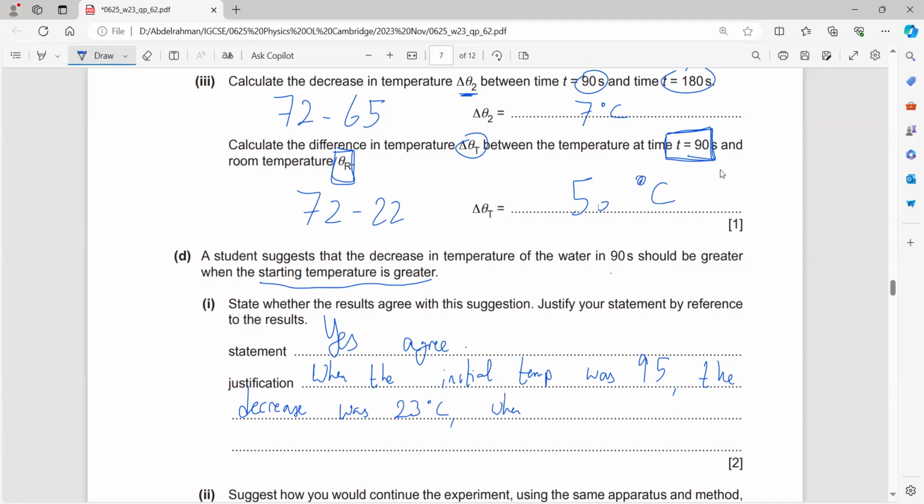When the temperature was 72, the decrease was only 7 degrees Celsius. So when I increase the initial temperature, what happens to the rate of cooling? The rate of cooling increases. It's as simple as that.